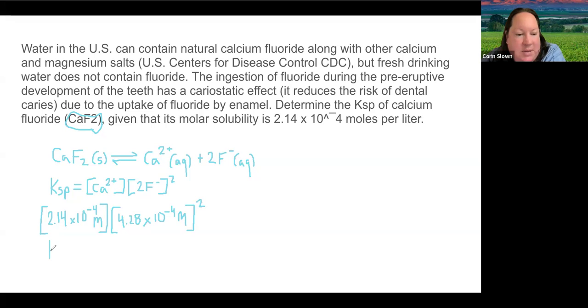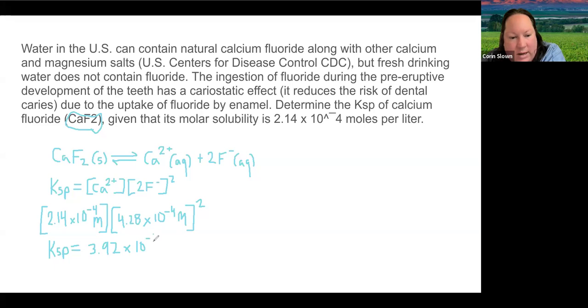So our KSP then is going to be equal to 3.92 times 10 to the negative 11th.